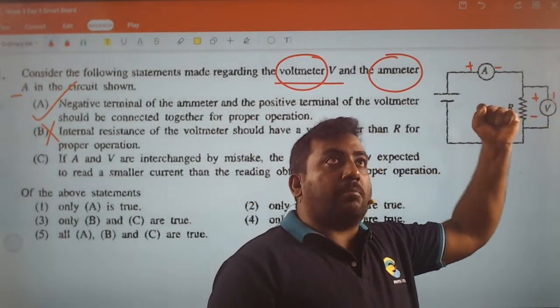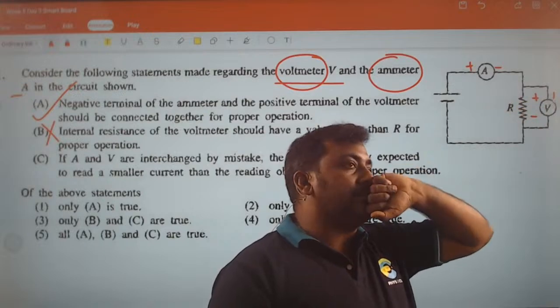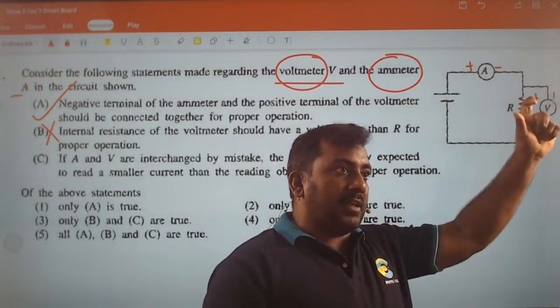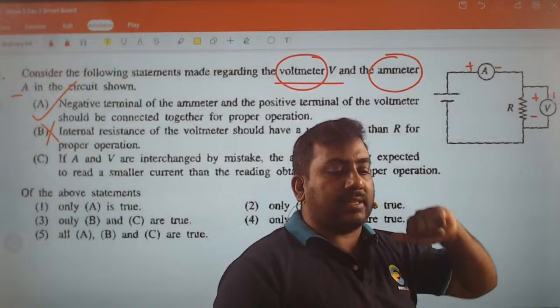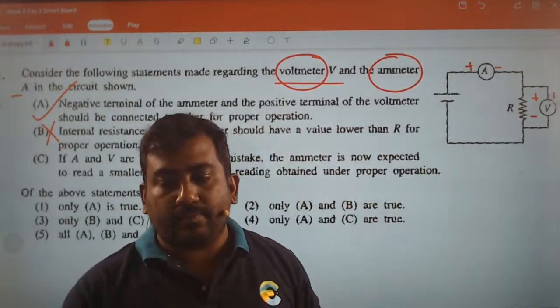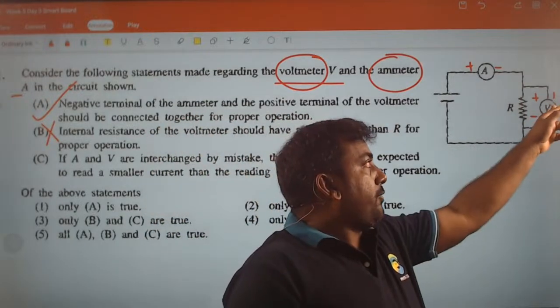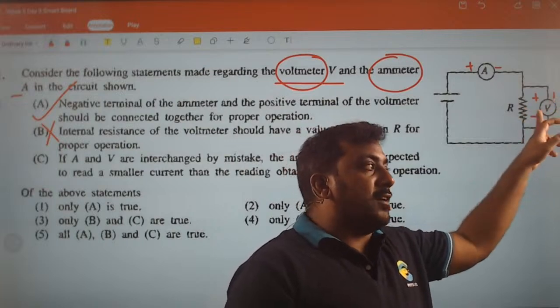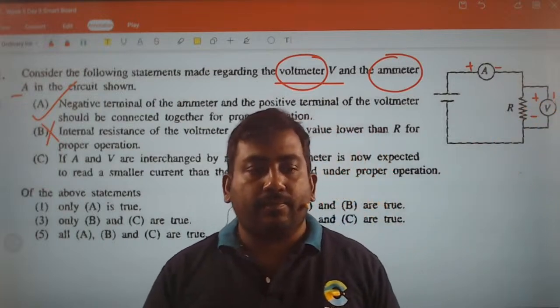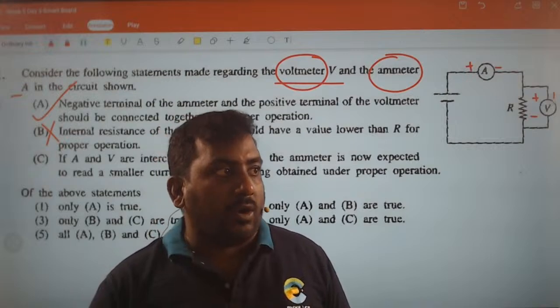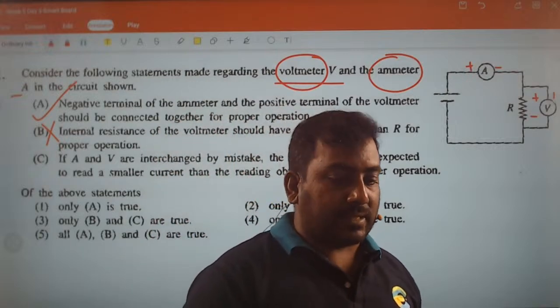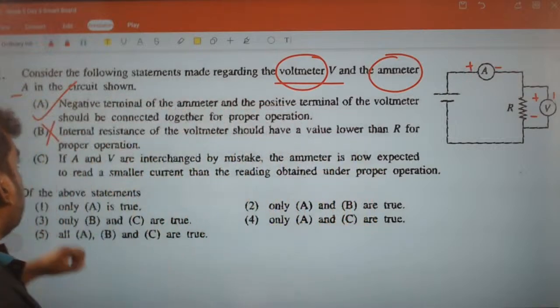But if the voltmeter has a small resistance, it will read the voltage across the effective resistance. Okay. So statement B is wrong.